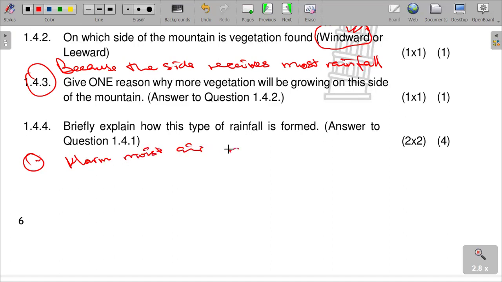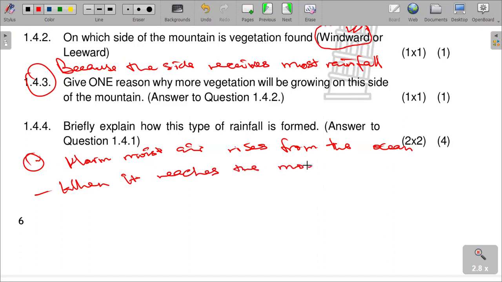And then when it reaches the mountain, the mountain forces the air upwards. It is forced to rise.